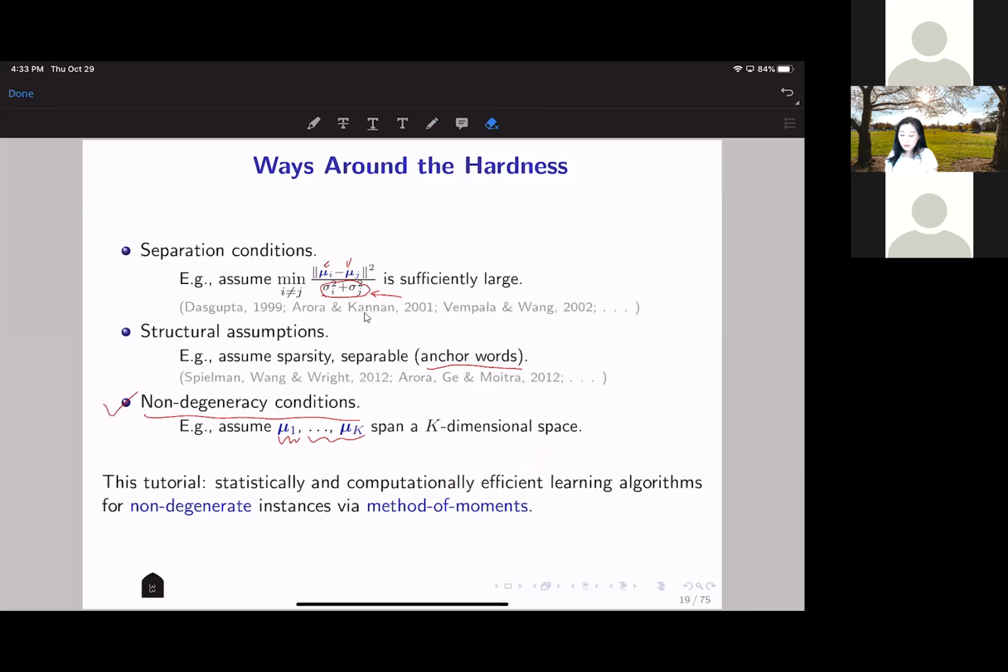I will motivate why this seems to be a mild condition, maybe using the topic model scenarios, but just keep in mind that this non-degenerate condition is just that we don't allow them to be linearly dependent. We have to have linearly independent conditional means for the subpopulations.